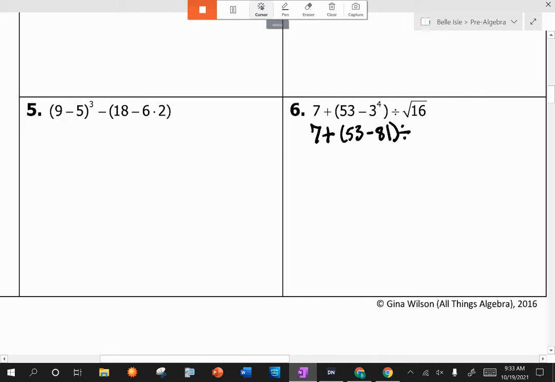So this is what we should have right here. We still need to simplify inside the parentheses before we do anything else. So what is 53 minus 81? Negative 38.